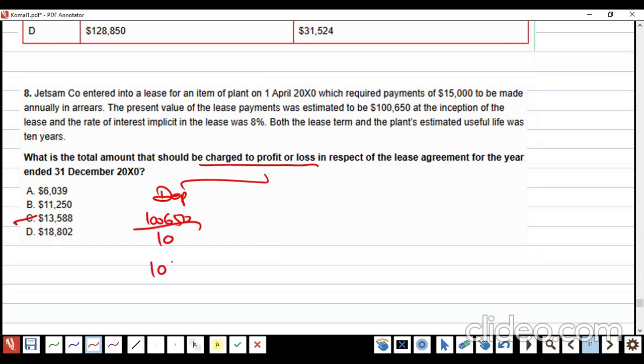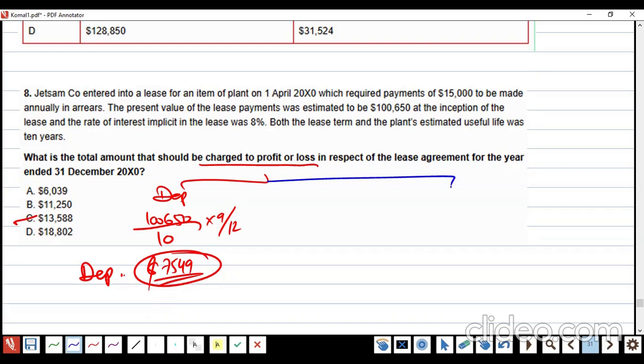The total is 18,702, but because it's only 9 months, it is 9 over 12 into 18,702, which is 13,588. Same thing applies for the depreciation as well. So the depreciation final answer is for the 9 months.